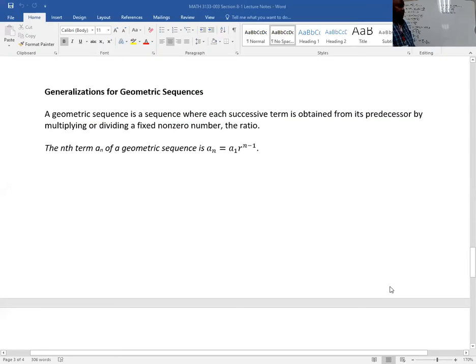And here is the general formula for finding the nth term of any geometric sequence. And that's a sub n, and that's going to be equal to a sub 1, which is the first term, multiplied by r, and that's the common ratio, raised to the power of n minus 1.